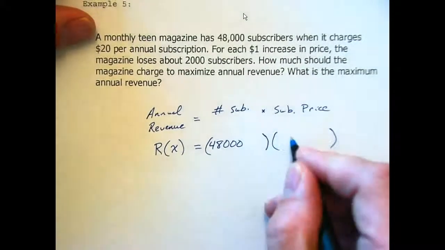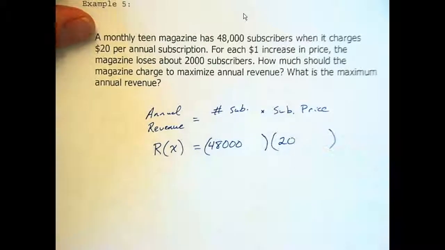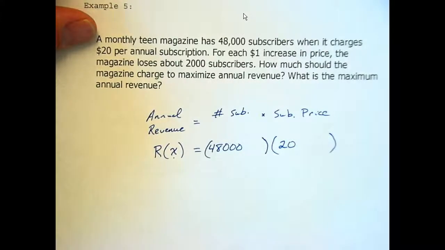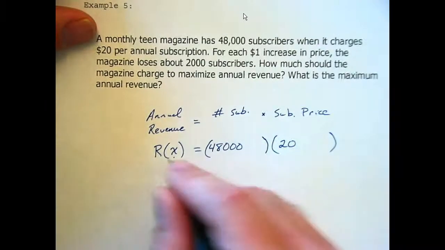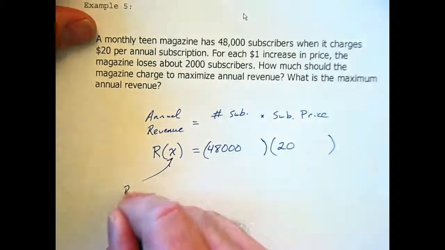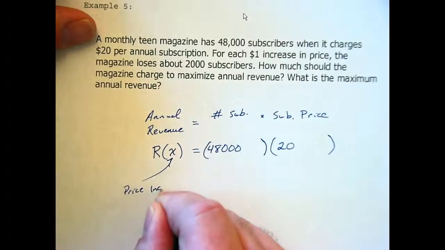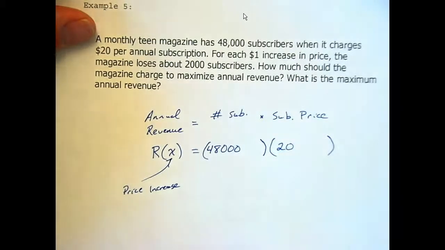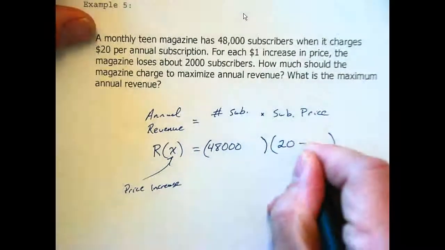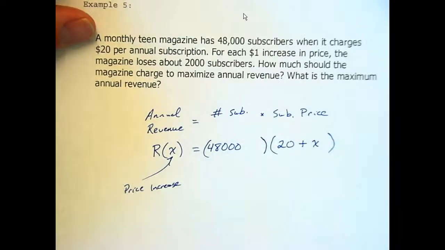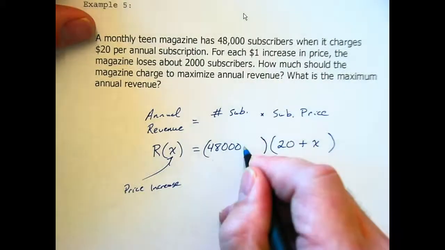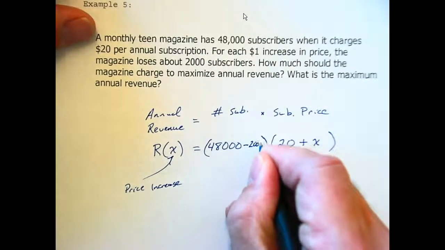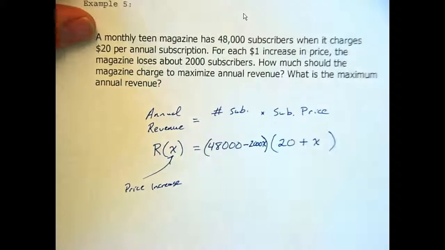Our original price is $20. But if we define x as our price increase, every time I have one price increase, I actually lose 2,000 subscribers per increase. So that's a rate.